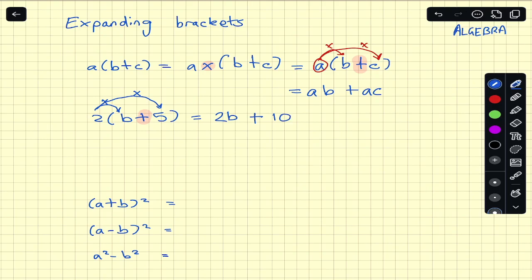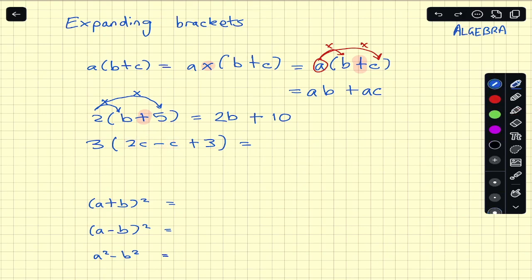Now, if I was to give you something like 3 open bracket, which is like 3 times the open bracket, and then I'll write 2C minus C plus 3. What I can do here is notice inside the brackets I've got like terms in that 2C and minus C are like terms.